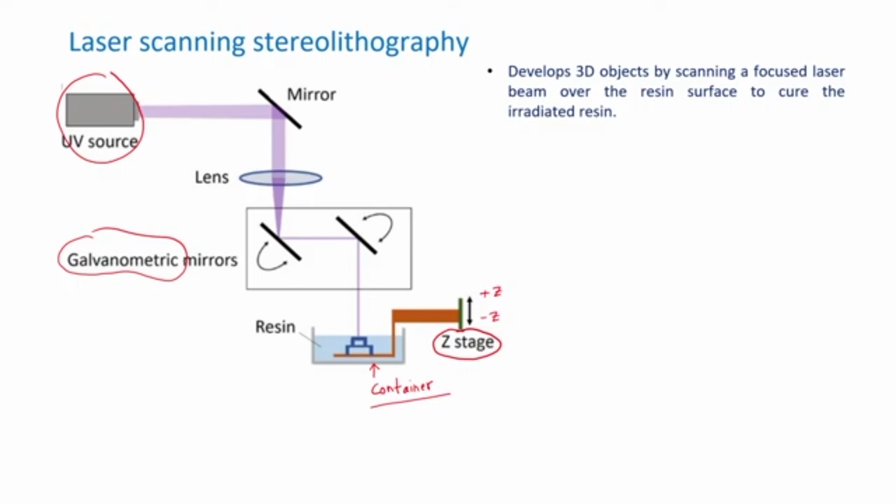These are electrically controlled mirrors, and their rotation or location is continuously monitored using an ammeter located in the galvanometric mirror. By observing the current flowing when the mirrors rotate, they get placed in the required direction. These galvanometric mirrors help us irradiate the required zone or location of the resin in the container.